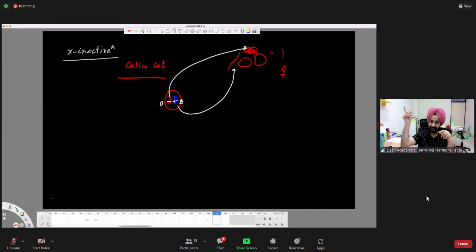X inactivation has evolved in mammals only, and like genomic imprinting, has evolved only in mammals. Both of them have some association with the placenta. I gave you the example of imprinting because you need maternal and offspring collaboration and so on.